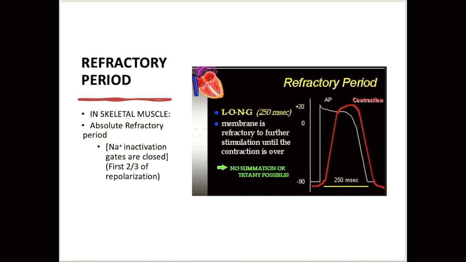There are two types of refractory period, the absolute and the relative refractory period. A period during which an already excited cardiac muscle cannot be re-excited even by a very strong cardiac impulse is called absolute refractory period.